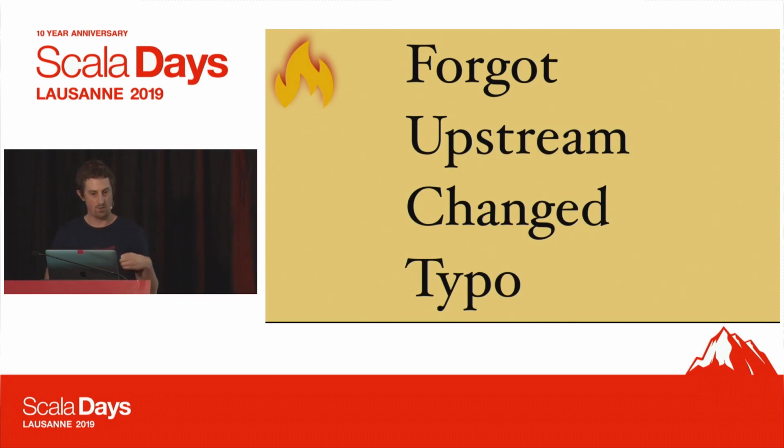So if you make a change to whatever generates JavaScript and forget to update your definition files, you get runtime problems. If something you're depending on, some upstream library, makes a change and you update and don't realize, and you don't change your DTS files, then you're going to get problems at runtime.